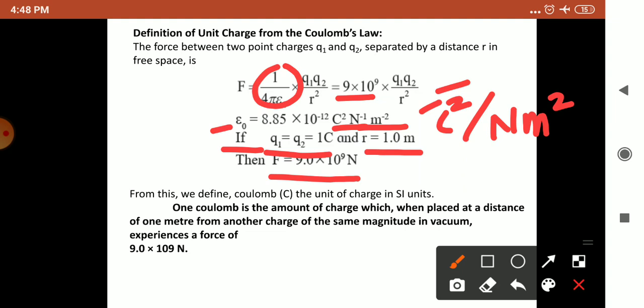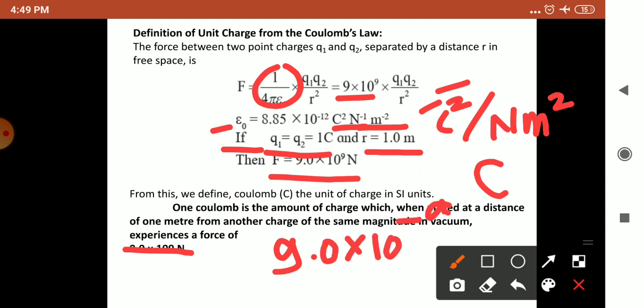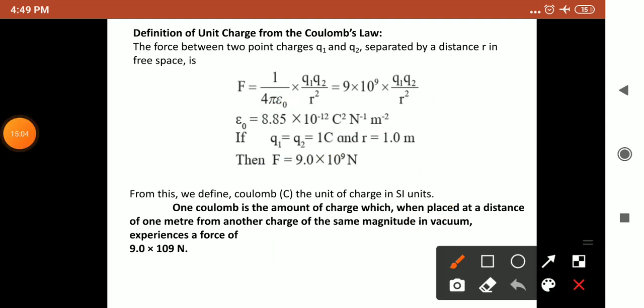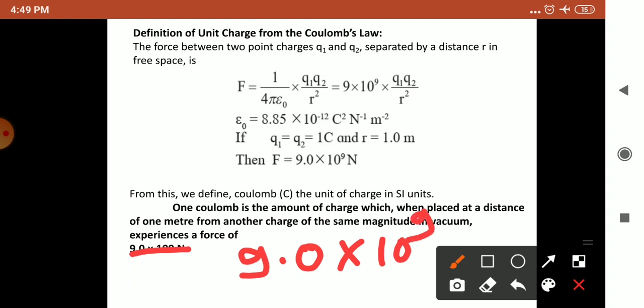So from this we can define the coulomb, which has the unit C. 1 coulomb is the amount of charge which, when placed at a distance of 1 meter from another charge of the same magnitude in vacuum, experiences a force of 9.0 into 10 raised to 9 Newton.